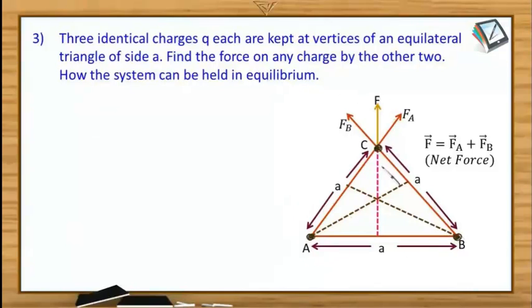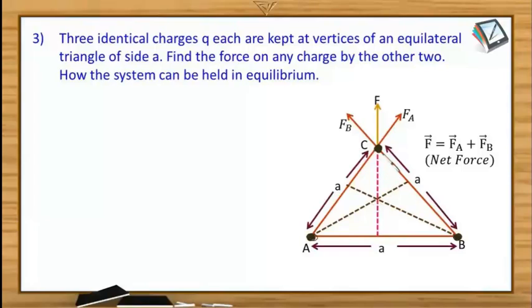So suppose we are going to find the force on this charge kept at C. So force because of charge A. These are point charges, and the direction of force will be along the line joining the charges, according to attraction or repulsion, whichever is the case. Here all the charges are similar, so there is a case of repulsion in both pairs.